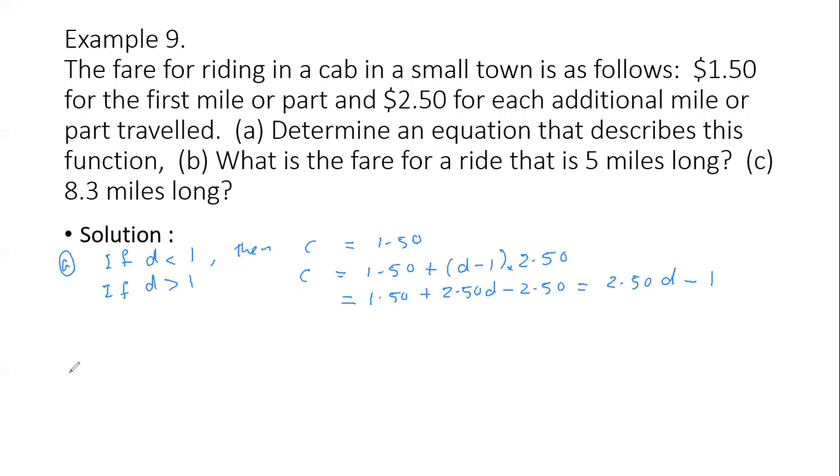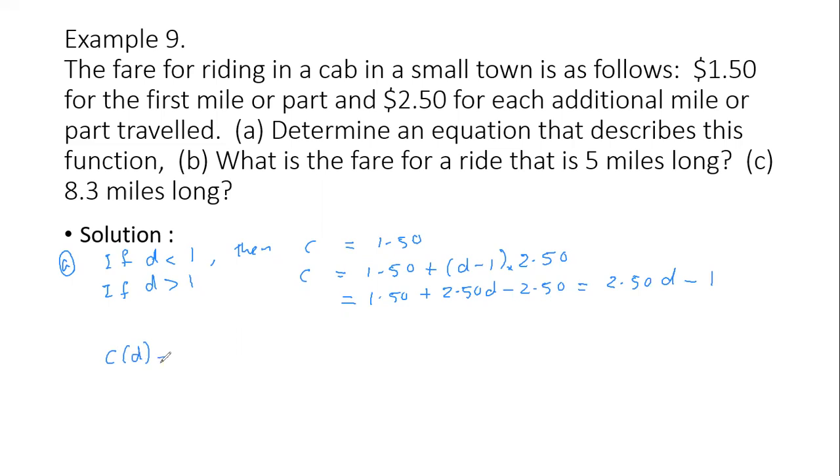Therefore, we can write this function, which is part A, determine an equation that describes this function. You cannot write it as one equation. That function consists of two equations. The cost function, which depends on d. This C of d means C as a function of distance.